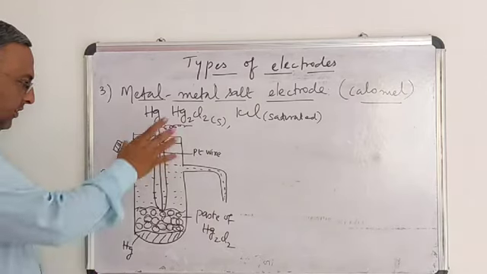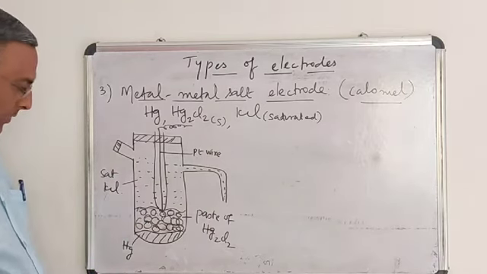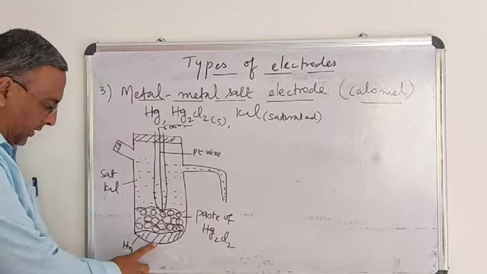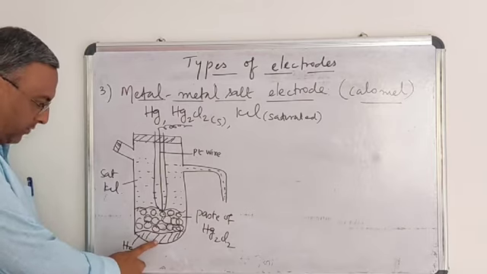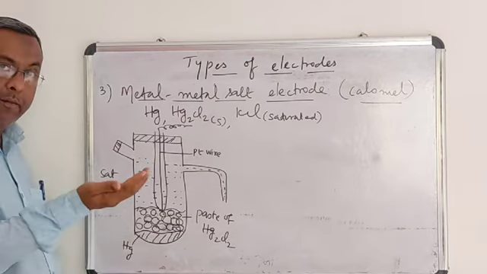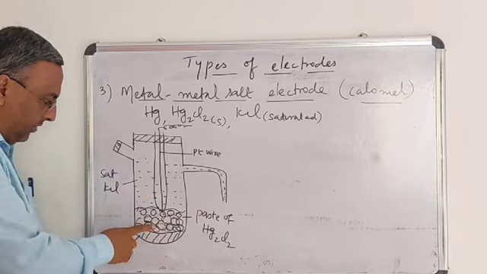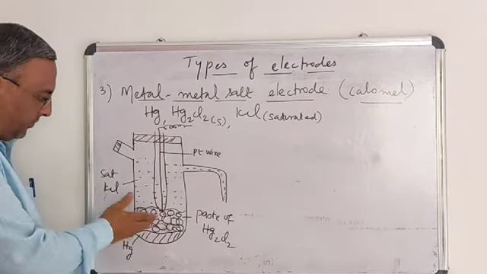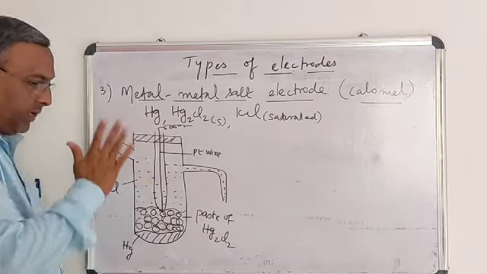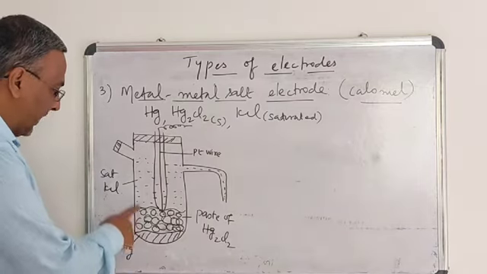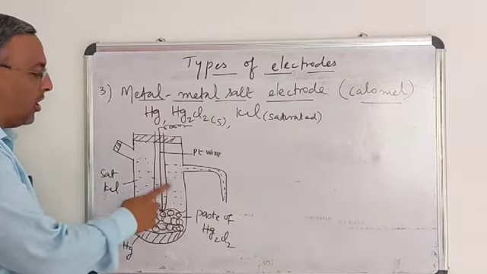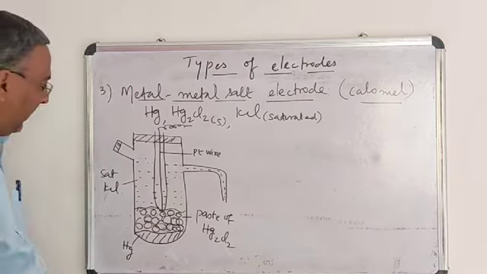See, this is a calomel electrode in which high purity mercury is placed at the bottom. It is covered with a paste of mercurous chloride, which is in contact with a saturated solution of potassium chloride because it has a common anion, that is Cl minus.